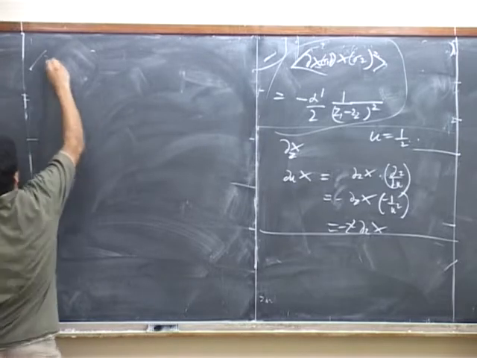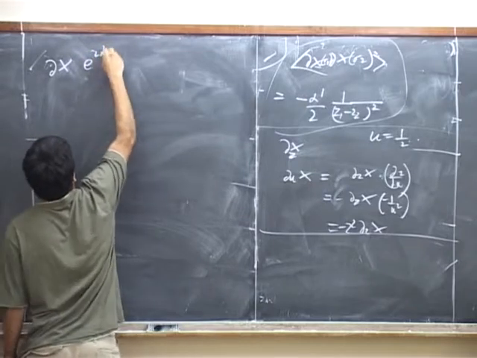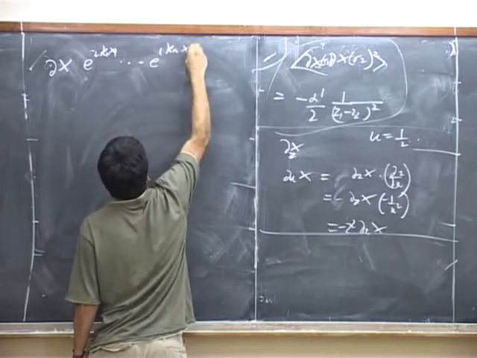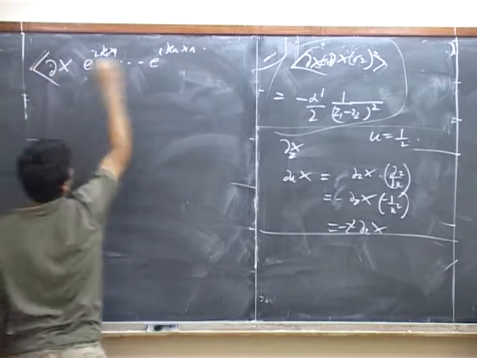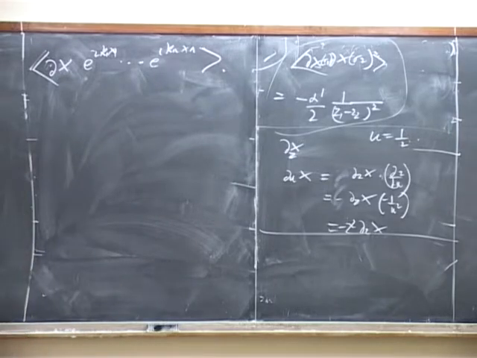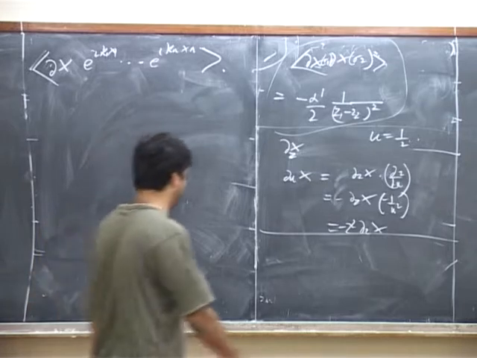Suppose we were interested in del x times e to the power i k1 x1 ... e to the power i kn xn. And by the exponential operator insertions, we will always understand conformal normal ordering, so everything's totally well defined.